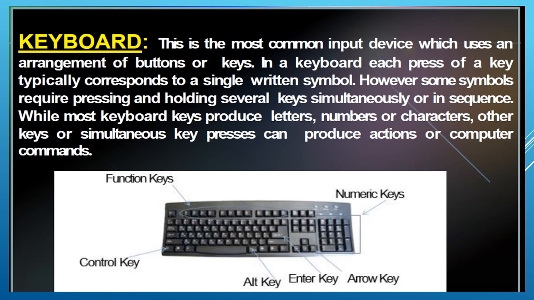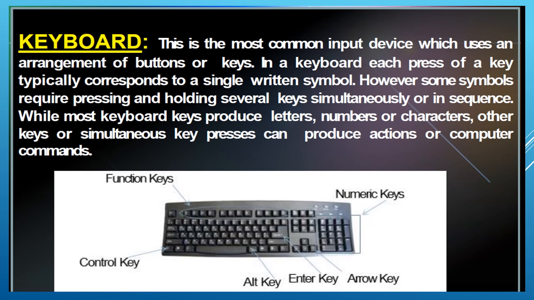Next is your numeric keys. On the right hand side of your keyboard, you can see the numeric keys are available, from 0 to 9, as well as various symbols used for arithmetic logical operations, like plus, minus, into. Arithmetic work we can do using these symbols.